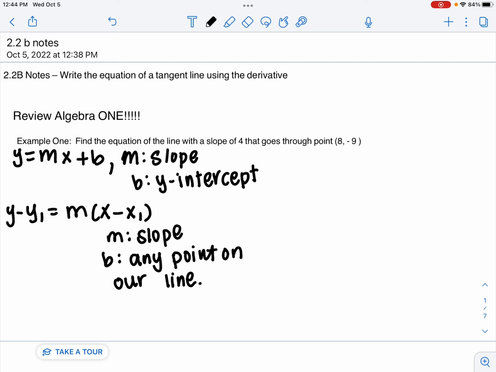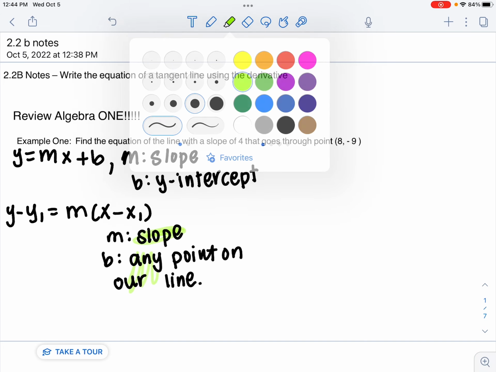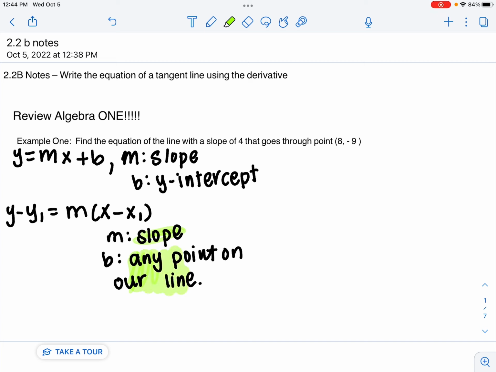Because example 1 says find the equation of the line with a slope of 4 that goes through (8, negative 9), the two pieces of information we have are the slope and the point, so it just makes more sense to use point slope form because we can plug in everything immediately.